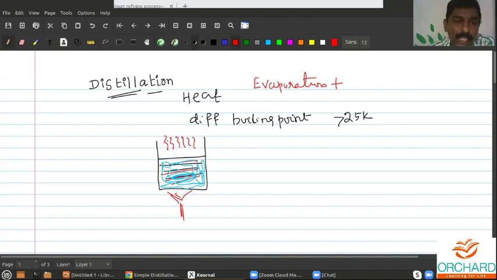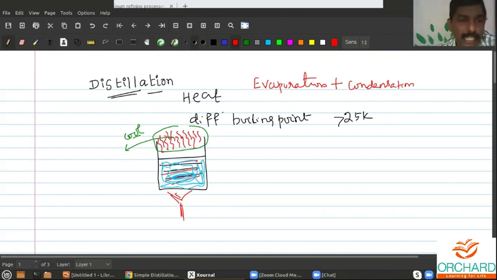Once the liquid which has the lesser boiling point gets evaporated, you can collect these vapors and cool them. That is called condensation. Distillation has two steps: the first step is evaporation, the second step is condensation.